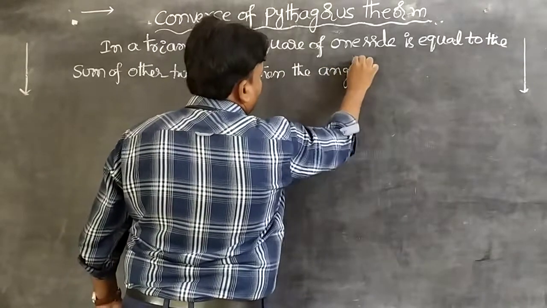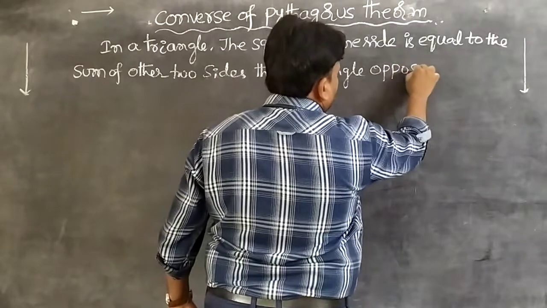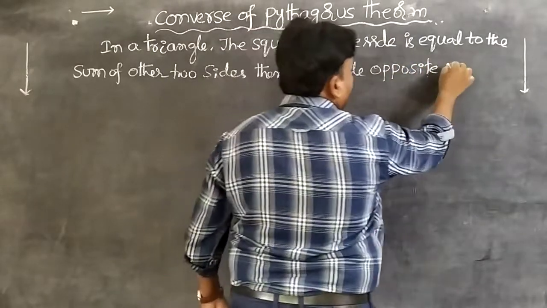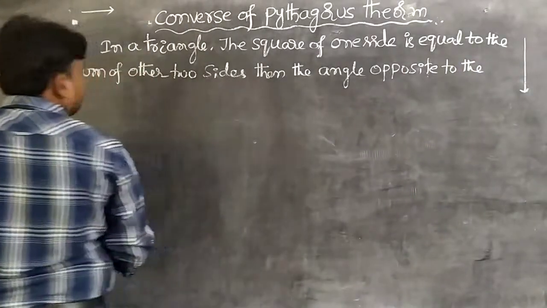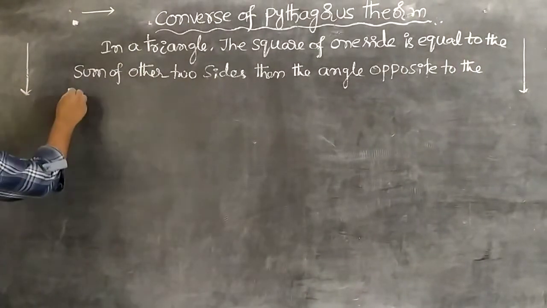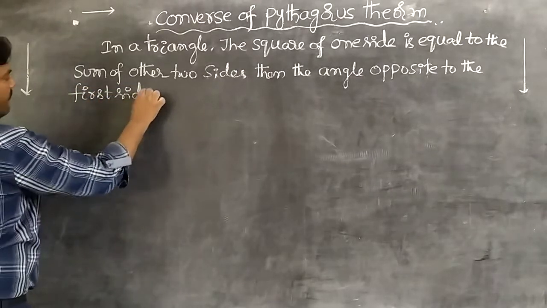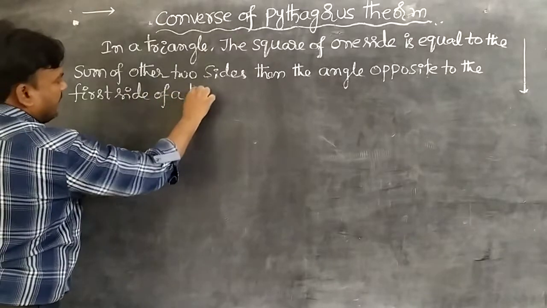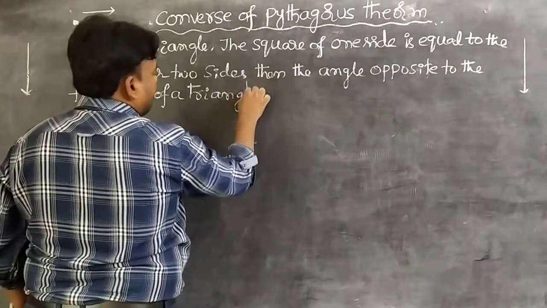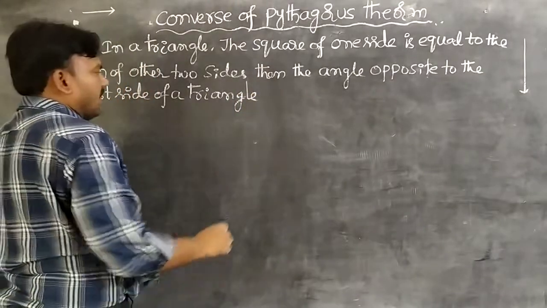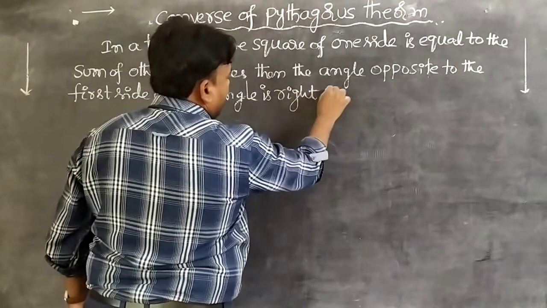Then the angle opposite to the first side of a triangle is a right angle.